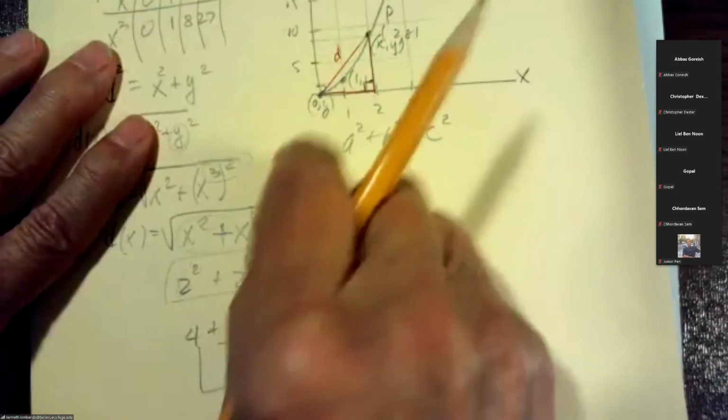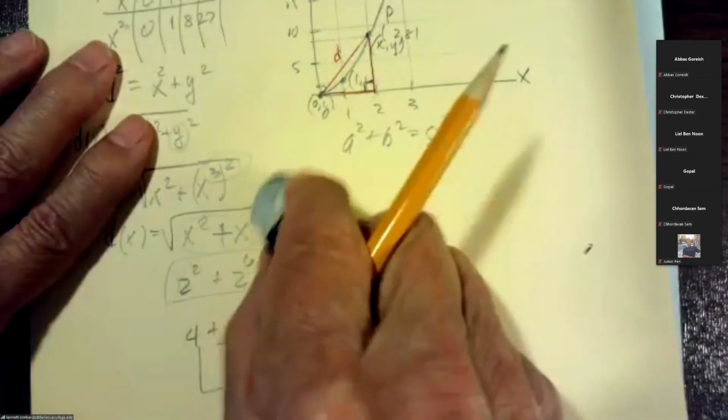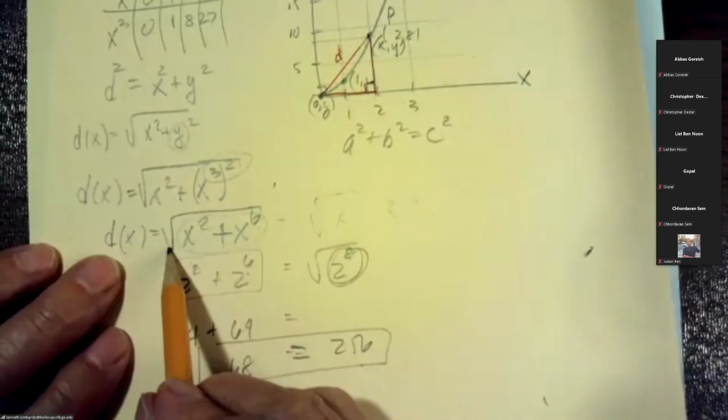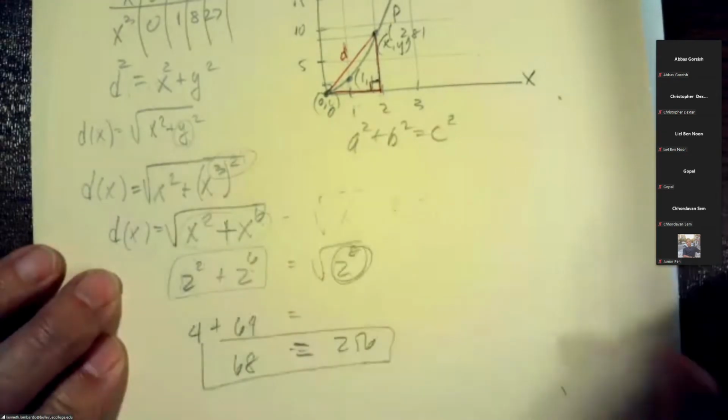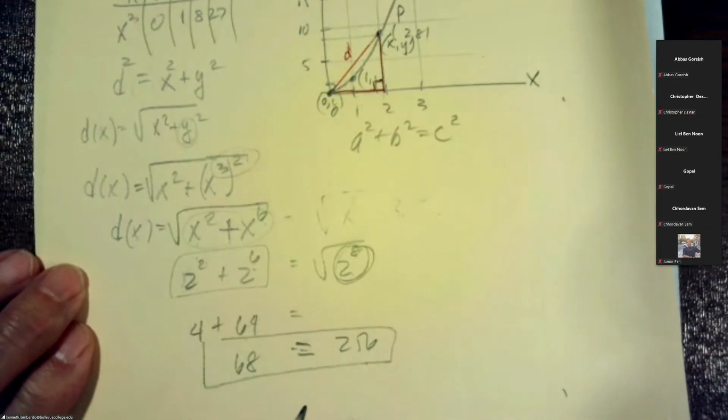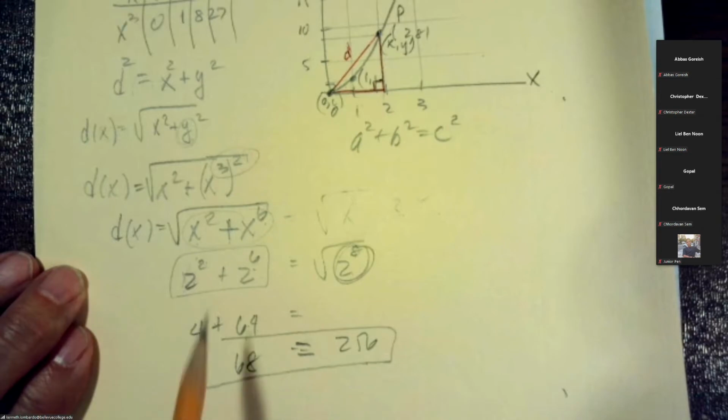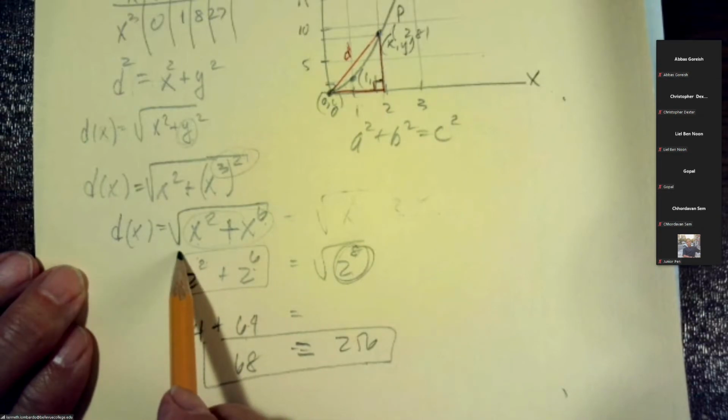So is there any further that we can simplify this root here? Anybody? Can we simplify this any further, or is that it?